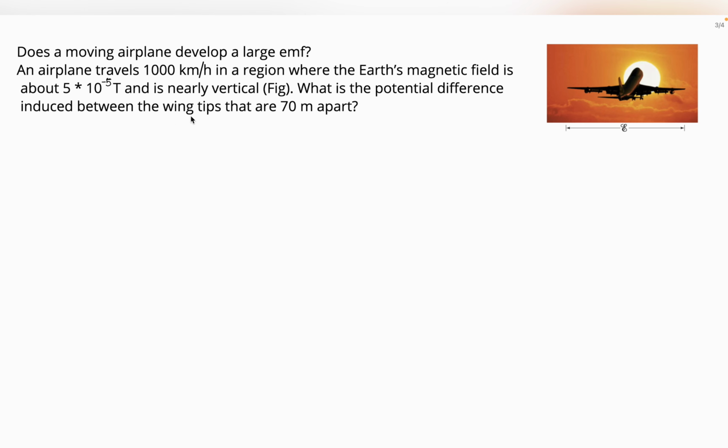So what is the potential difference induced between the wing tips that are 70 meters apart? So let us say this is 70 meters apart, right? The width of the wings is 70 meters, and here we are assuming that the Earth's magnetic field is vertical to this.